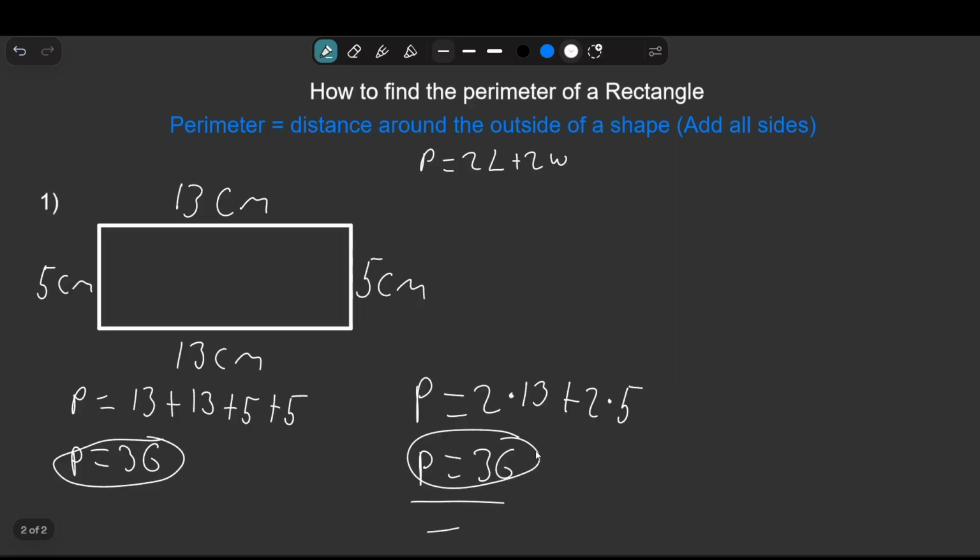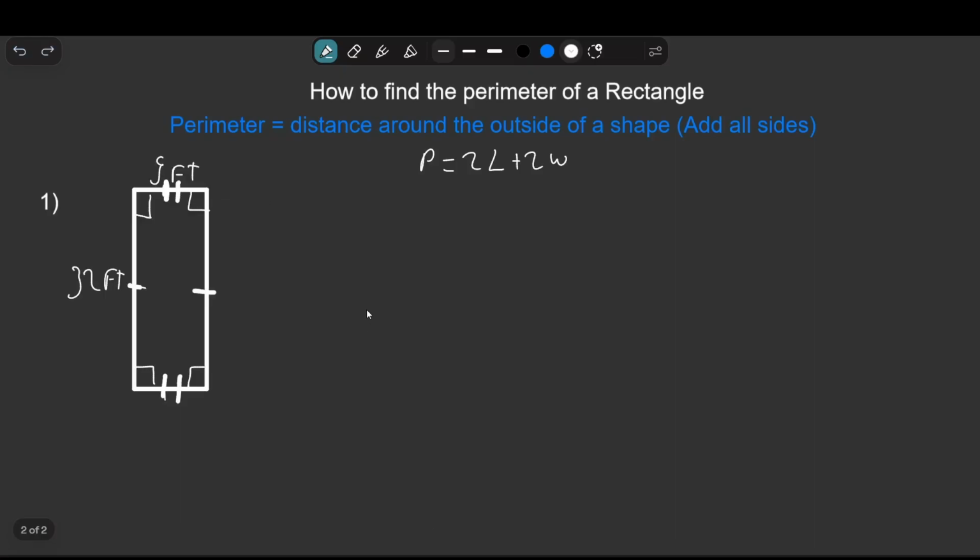I'm going to show you another example with a few symbols in it so I can teach you that right away, so if you come across it, you don't get confused. I will draw the second shape and I'll be right back. Okay, now I did another rectangle, but as you can see, we only have two side lengths.